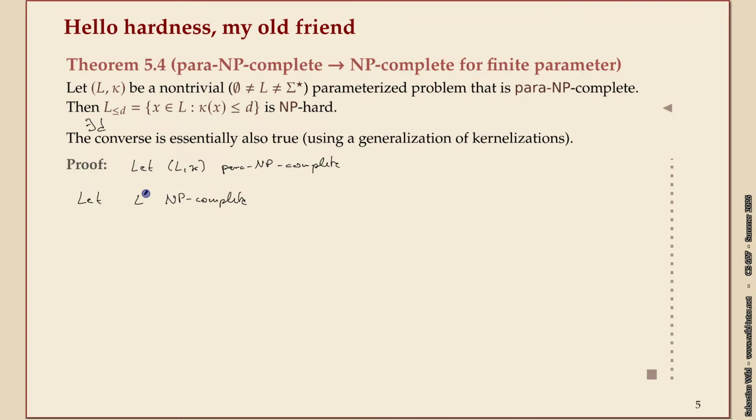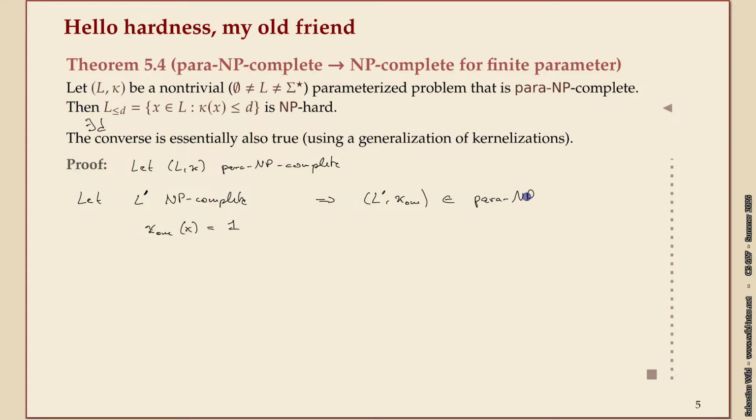So we have to somehow connect these two. So we'll define a boring parameterization, kappa 1, that just outputs 1 for every input. It's the constant parameter. Well, if L prime is NP complete, that means L prime and kappa 1 is in para NP.